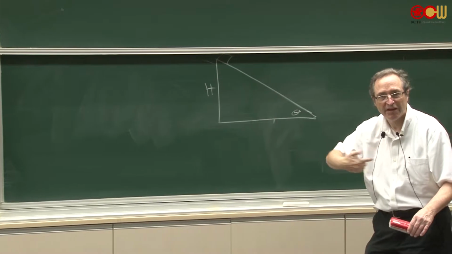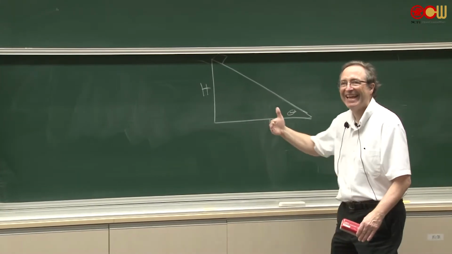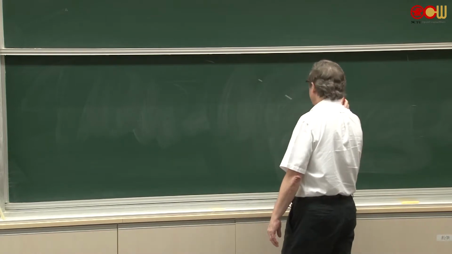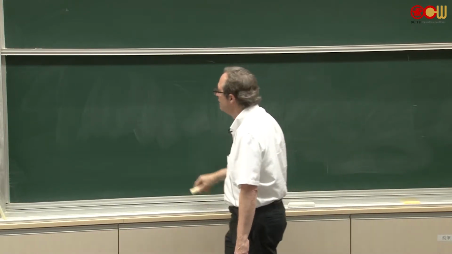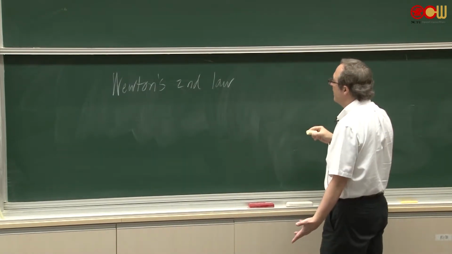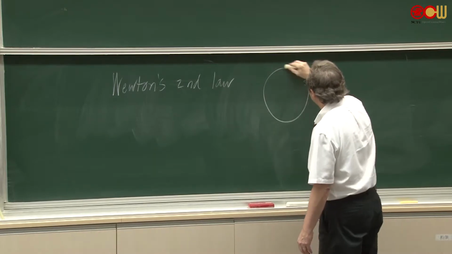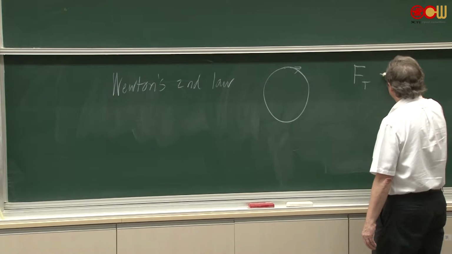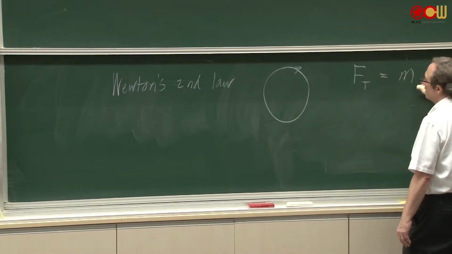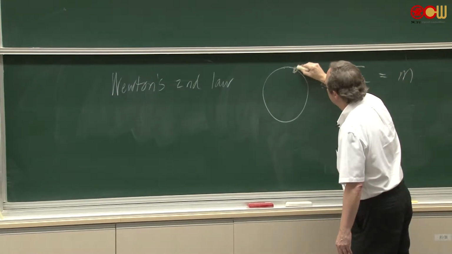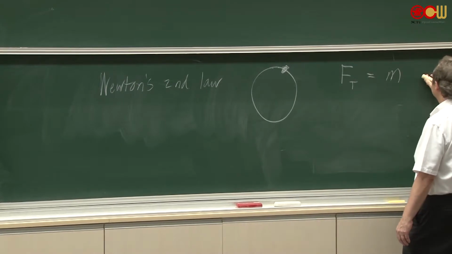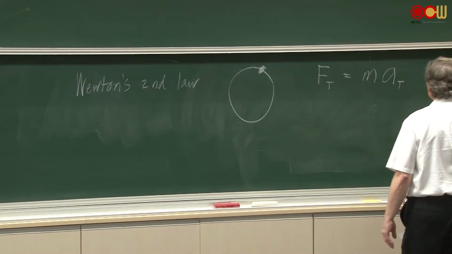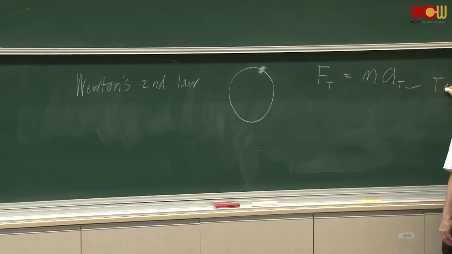Not towards the center of rotation, but tangential to it. All right? So let's write down Newton's second law. And we know a particle on the surface, if I'm rotating, right there, it has some tangential force, which is the mass of a little particle up here times its tangential acceleration. Okay? And so this means tangential.